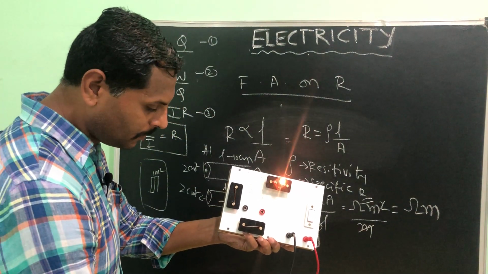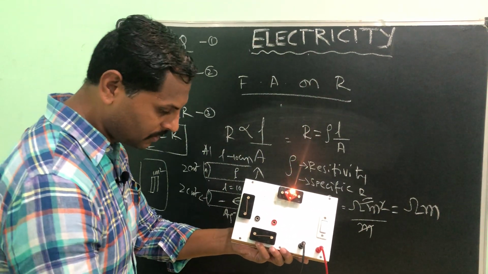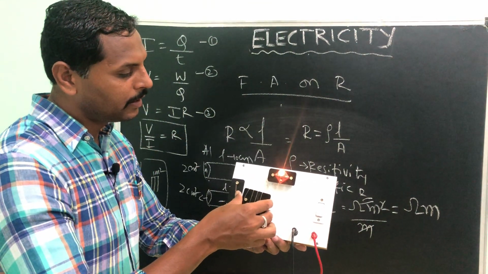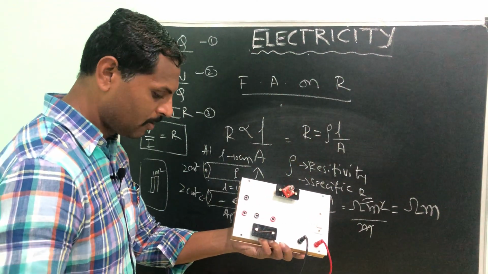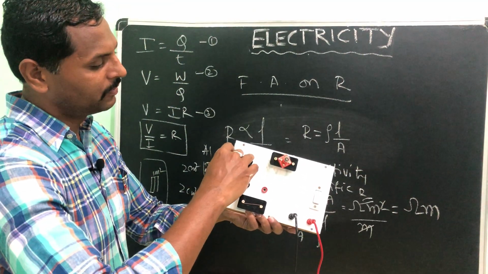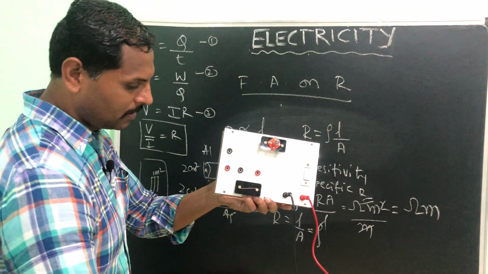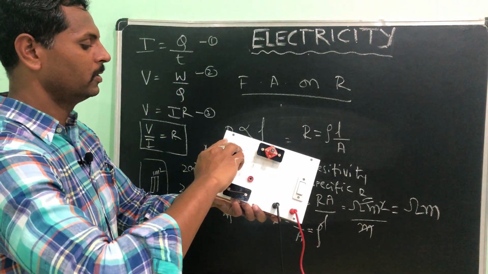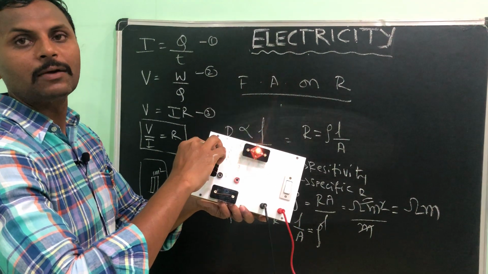You can see this, and there is one more device that you can use. Here I am taking an alloy. We have to measure it, but I am not having that device with me, so I am showing with this one only. It shows like this, the glowing of the light, whereas with the pure metal copper it shows more brightness as compared to the alloy.